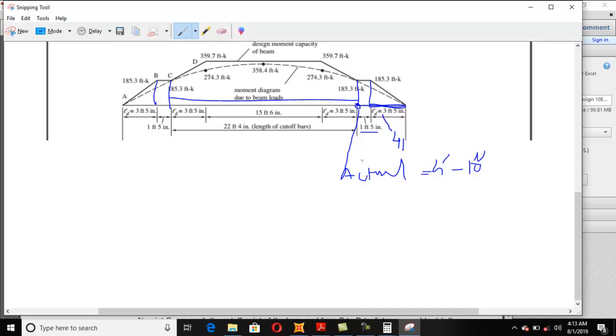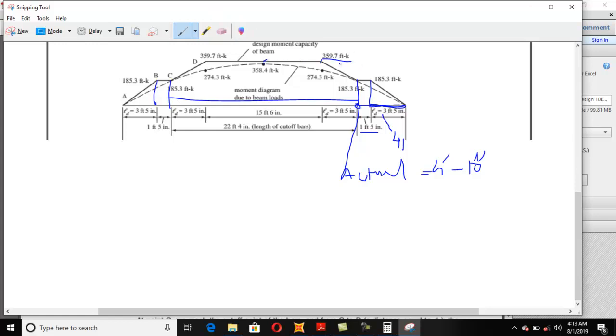Now you see that at this point the moment capacity is equal to 359.74 kg. So here you can see that there is 359 and here is 359.